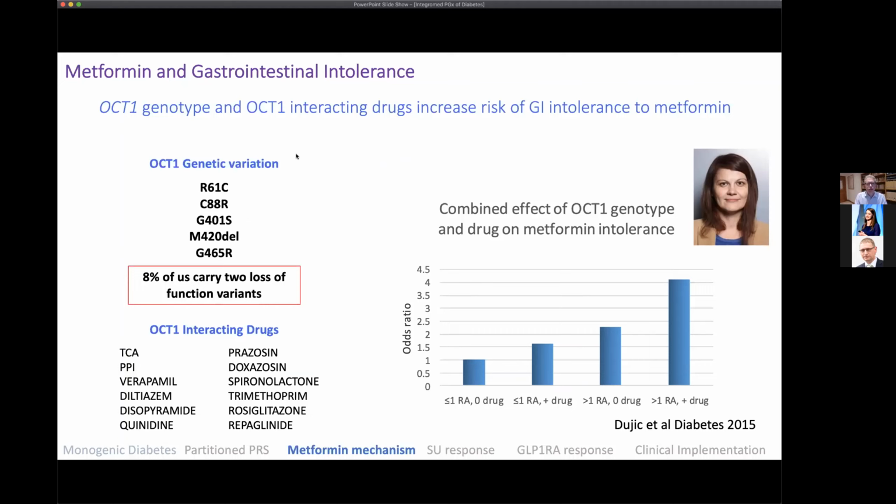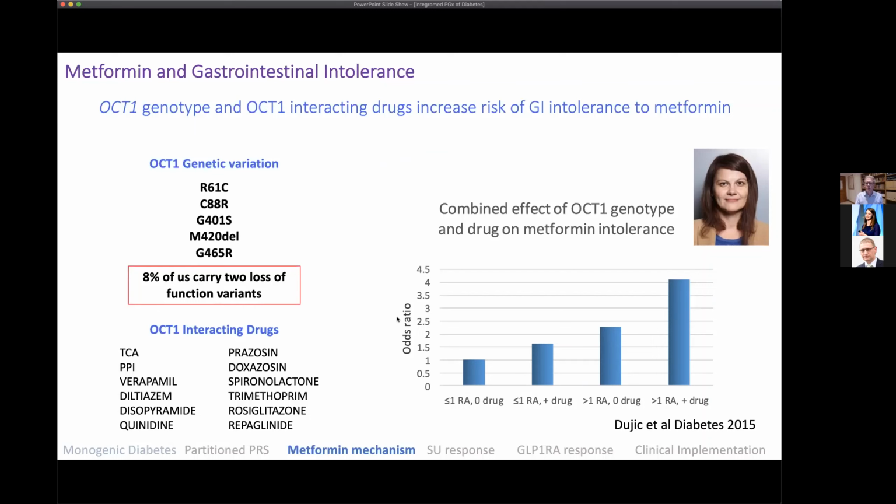And what Tanya Duich showed is that when we look at people who carry loss of function variants, and actually 8% of us carry 2 loss of function variants in OCT1, and we look at drugs that potentially interact with transport via the OCT1 transporter, and these are common drugs like tricyclic antidepressants or proton pump inhibitors or verapamil, then we get essentially a drug-drug gene interaction.